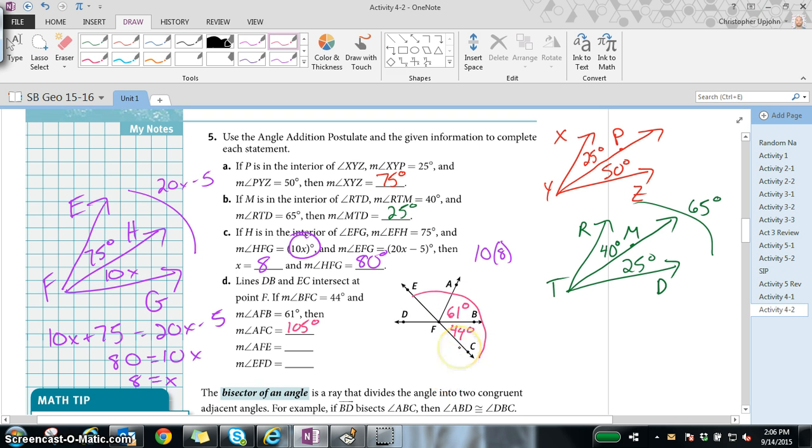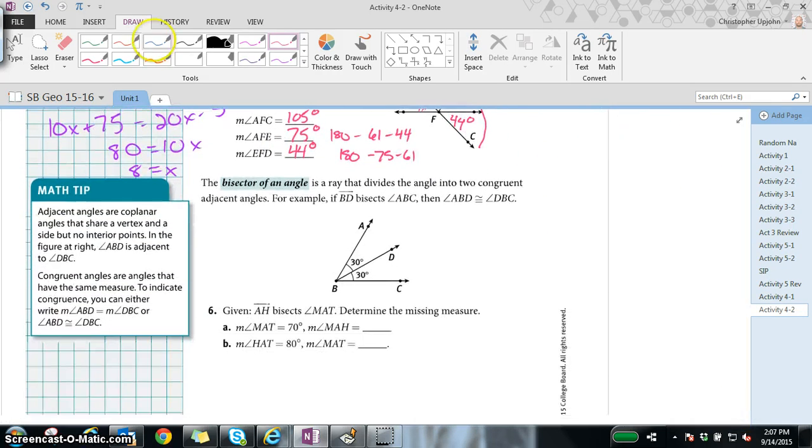So 180 minus both of those will give us the measure of angle AFE. 180 minus 61 minus 44 will give us our grand total of 75 degrees. And we can do the same thing for EFD. 180 minus 75 minus 61 will give us this remaining angle. So we get 44 degrees.